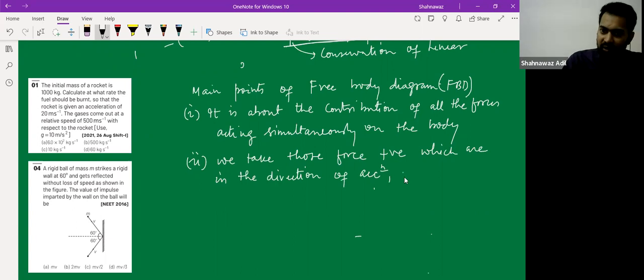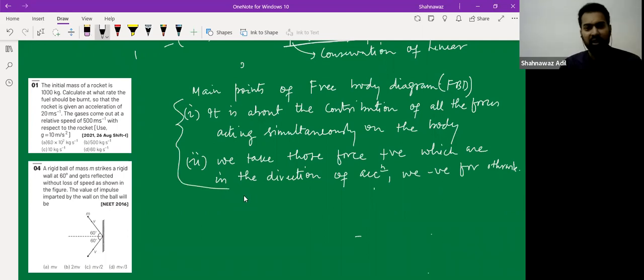And we take negative for otherwise. Understood? So please keep in mind these two points, right? So now let's solve this question.